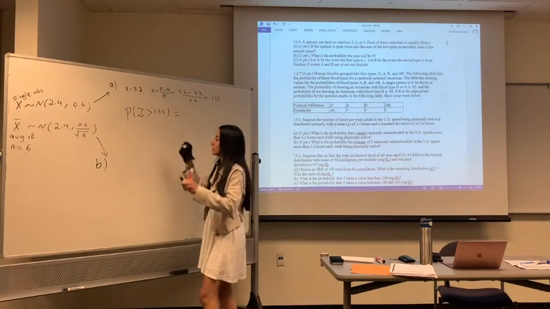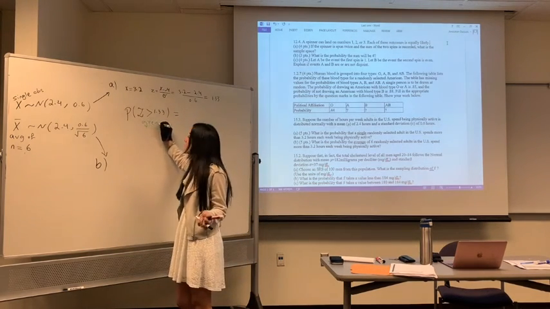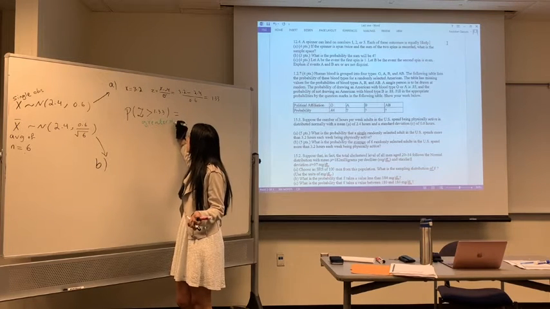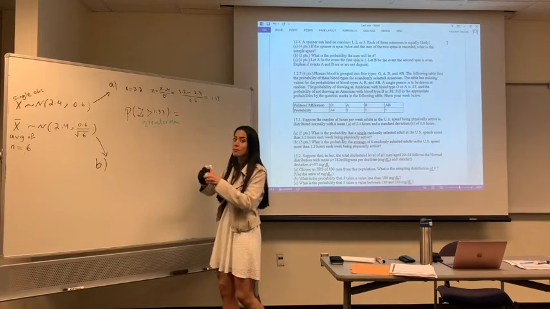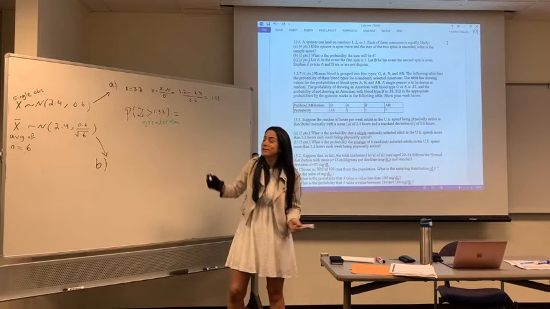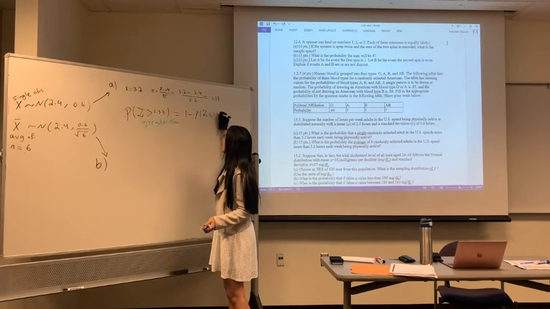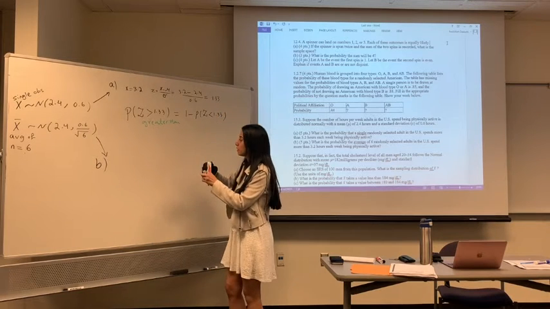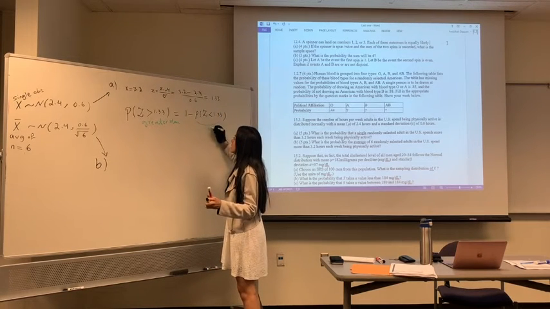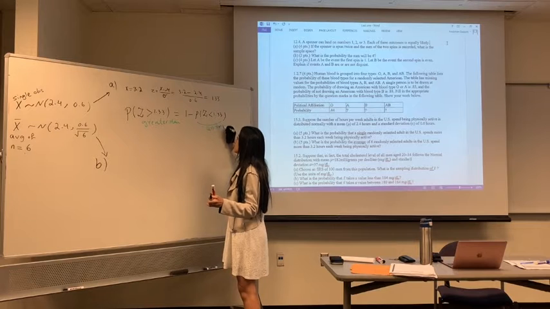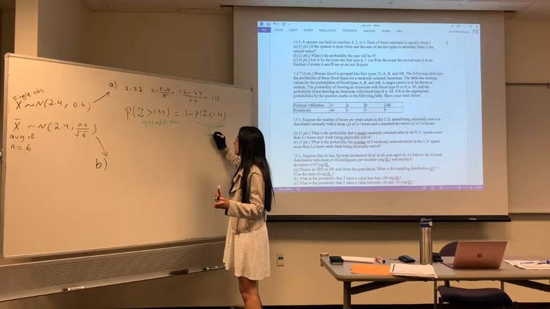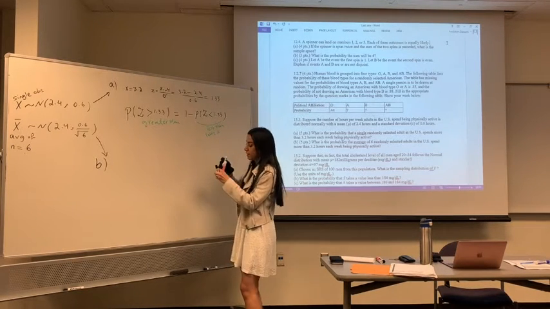Yes, this means greater than, right? So this one is 1 minus the probability of less than. Yes, 1 minus the probability of Z less than 1.33. This is less than, and you can find this from table A. Am I right?